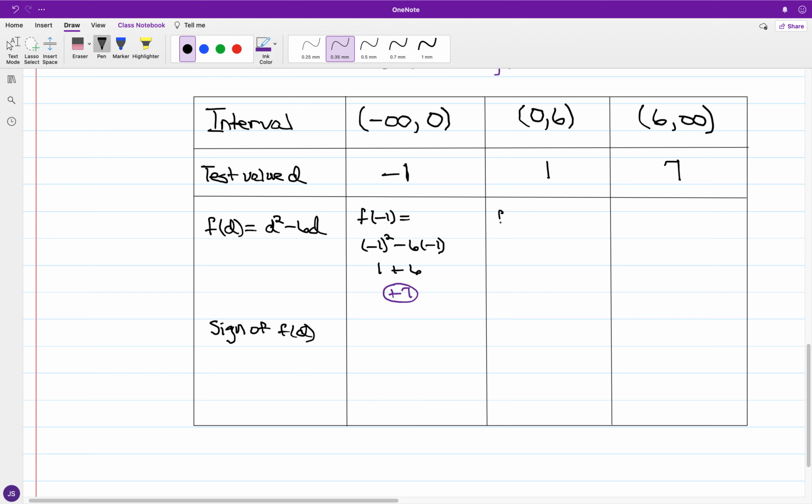For f of 1, you have 1 squared minus 6 times 1. 1 squared is 1, negative 6 times 1 is negative 6, and 1 minus 6 becomes negative 5. For f of 7, we have 7 squared minus 6 times 7. 7 squared is 49, negative 6 times 7 is negative 42, and the difference comes out to plus 7.